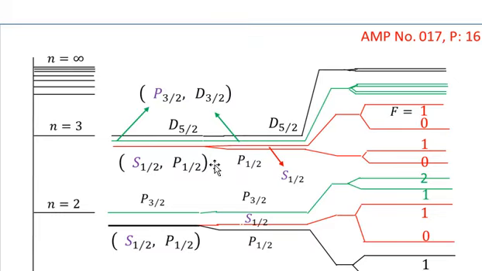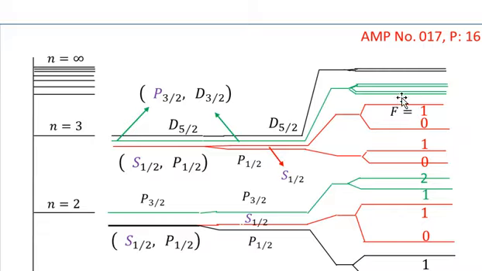So now let's talk about again P1/2 and S1/2. For these two, again there will be a splitting of the hyperfine structure into two levels, as I have explained for the other S1/2 and P1/2 values. And then you have P3/2 and D3/2. The value of J is 3/2 for both P3/2 and D3/2, and the value of the nuclear spin quantum number is I equal to 1/2. So P3/2 will be split into two levels over here.